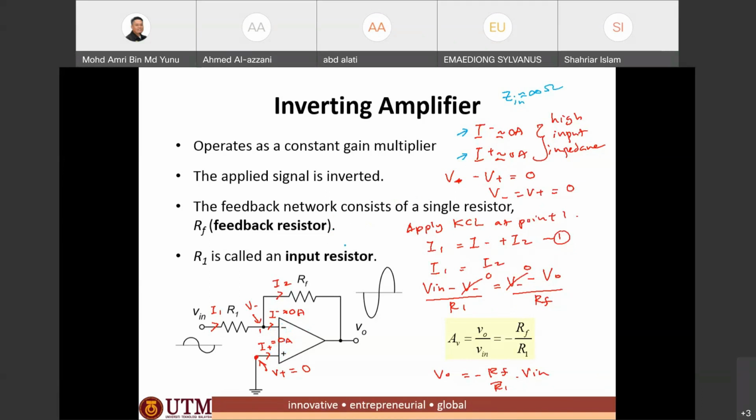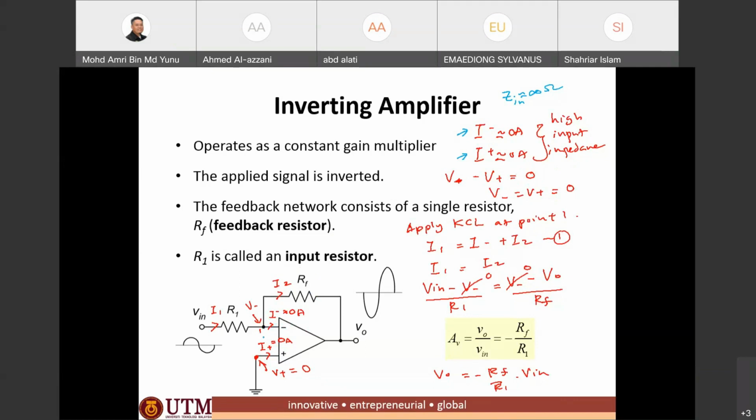And then we know that V minus, the potential at the inverting input, is equal to V plus, equivalent to zero. Okay, so these two are the common relationships.